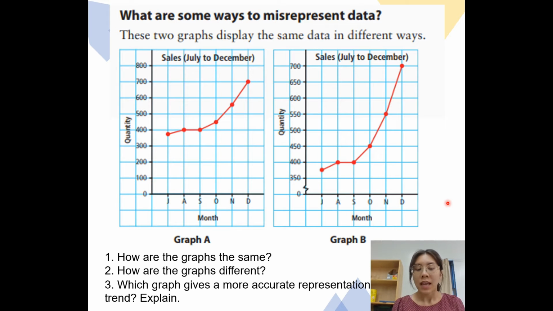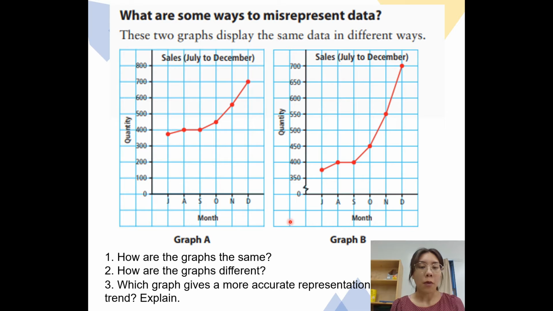they're all the same. Now, the graphs are different, and we can kind of tell because, when you look at the side, you will see that this scale is a little bit different compared to the scale of graph B. And because the scales on the side are different, some of you might think this graph looks like it's more zoomed in compared to graph A. Now, the information in both of these graphs is the same and they are both accurate, which leads me to my third question.